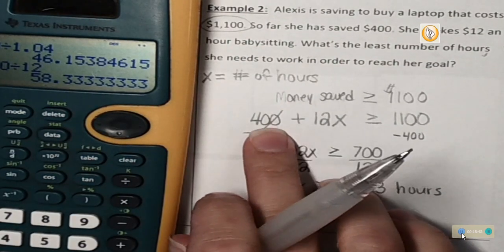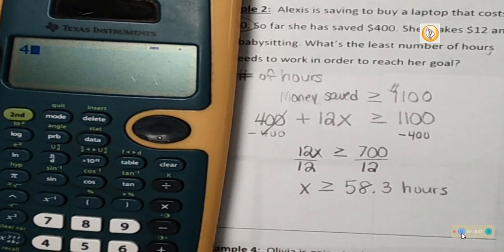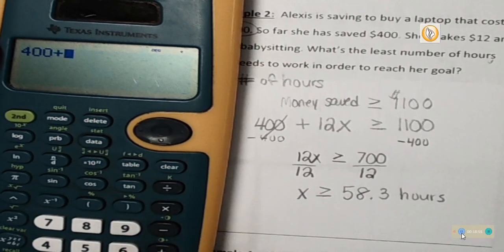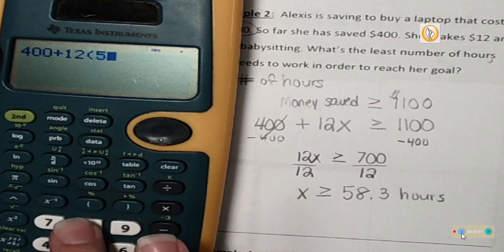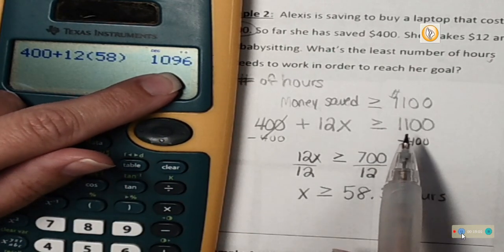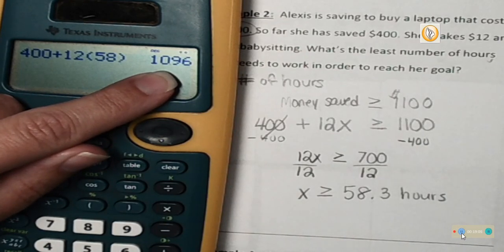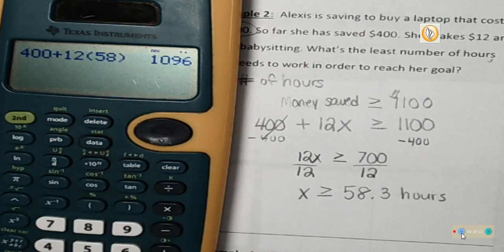So, I got to check this, all right? If she has $400 plus she makes $12 for every one of 58 hours, does she have enough money to buy her computer if she only babysits for 58 hours? No. Why? Because she needs $4 more. She's short by $4, okay?